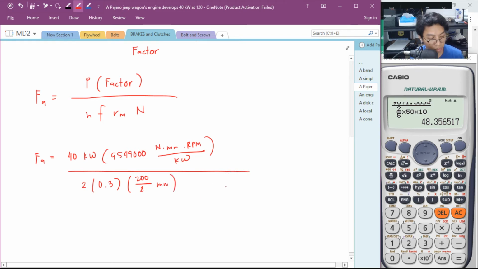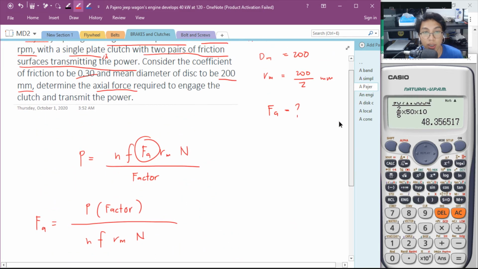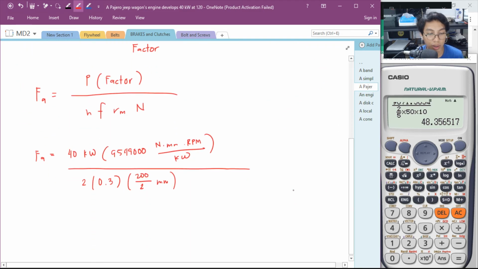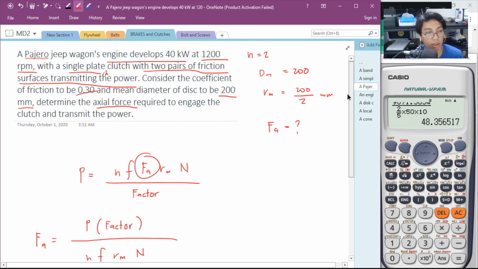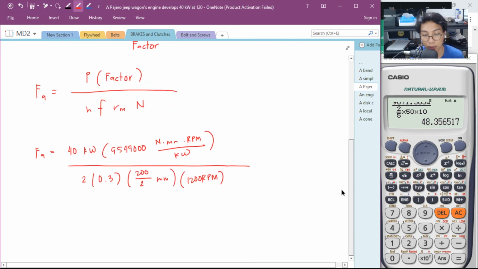Tapos, anong rotational speed niya? 1,200 RPM. Anong kailangan nating unit dyan? Ang required unit dito, consider ko axial force, kilonewton, multiplied to 1 kilonewton in every 1,000 newtons. So, cancel to, RPM, kilowatt, kilowatt. So, ang natira is kilonewton.